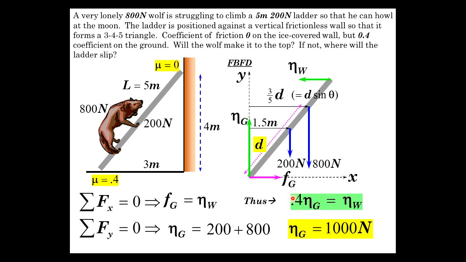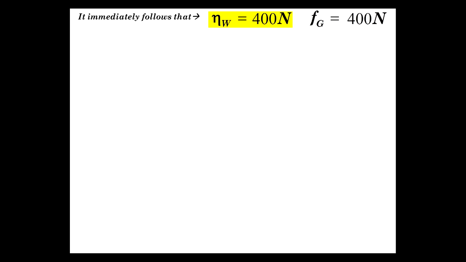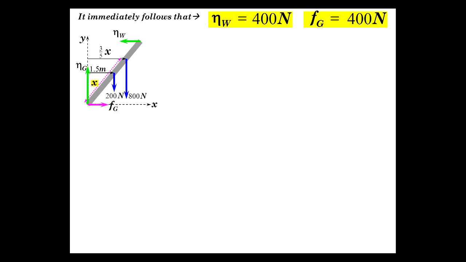Since 0.4 times that normal is the normal of the wall, we can sub in and get the wall force as well. Thus, the normal of the wall on the ladder is 400 newtons. And therefore, the friction force of the ground on the ladder is also 400 newtons, equal and opposite.